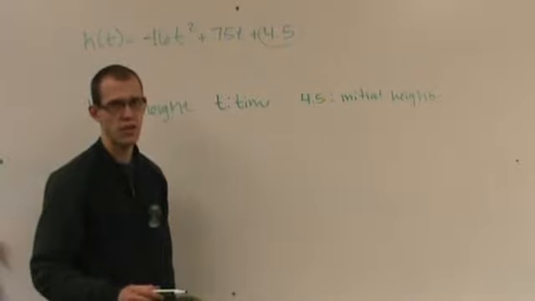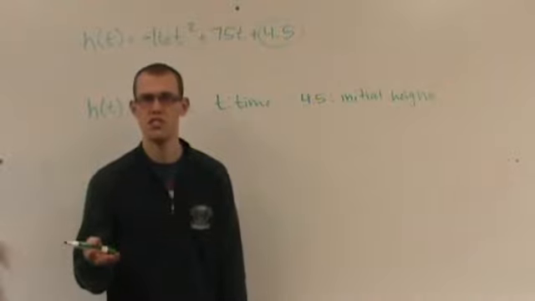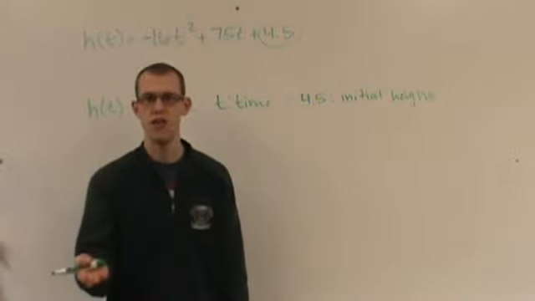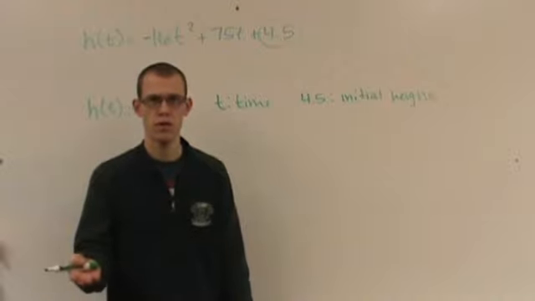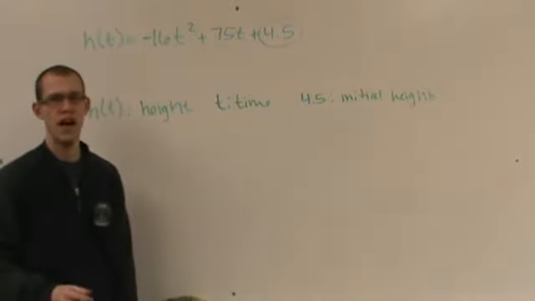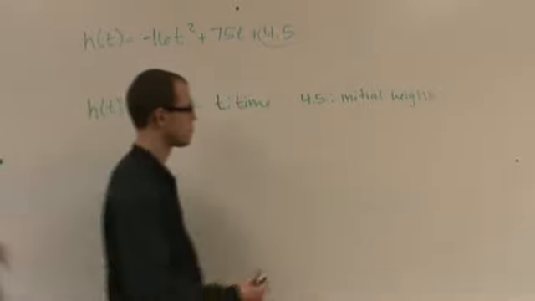That's our starting height. In other words, if I were to throw a ball from where I'm standing right now, my hand's about 3 feet off the ground. So the initial height would be 3 feet. Okay? Right now in this equation, we have 4.5. That means the initial height is 4.5 feet.